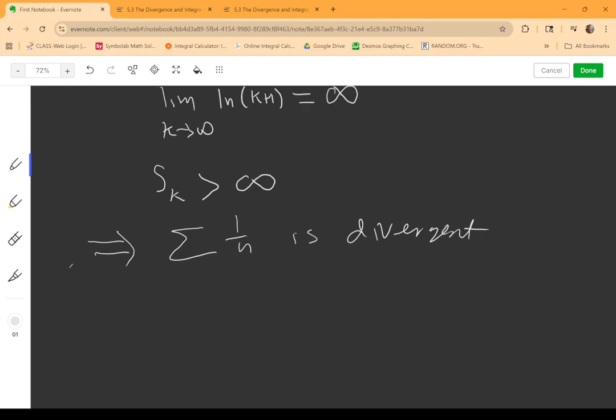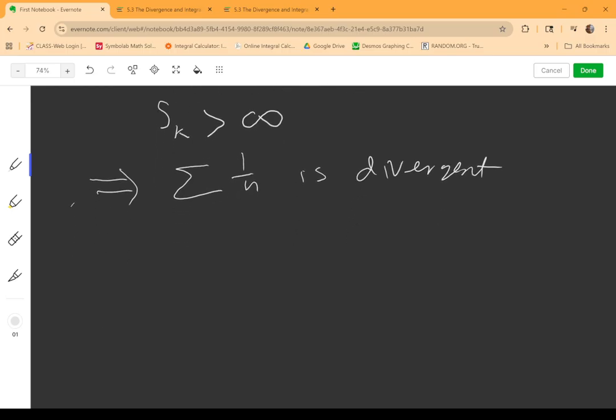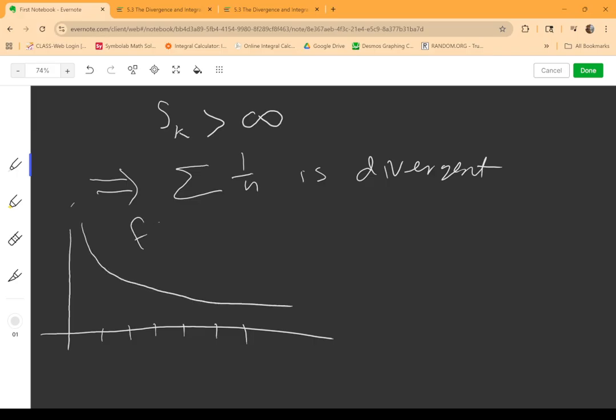All right, now let's take a look at a different series here. Take a look at the function 1 over x squared. Okay, so here I have 1, 2, 3, 4, 5, 6.